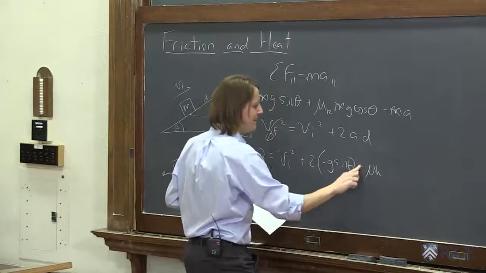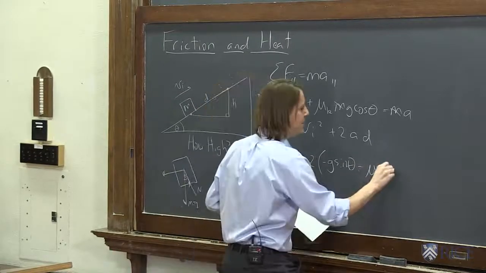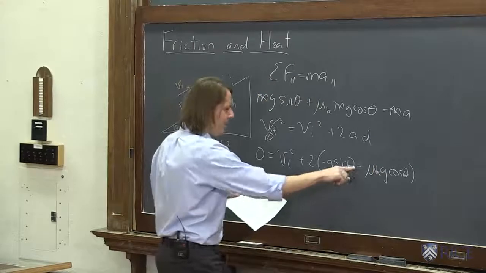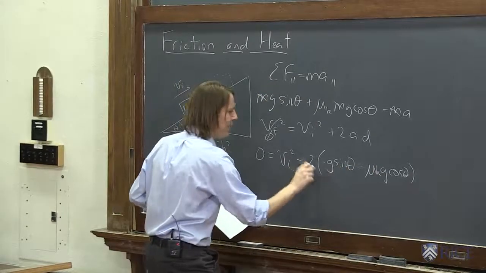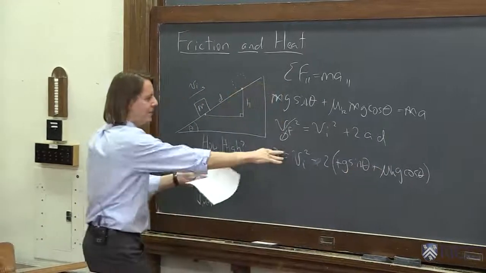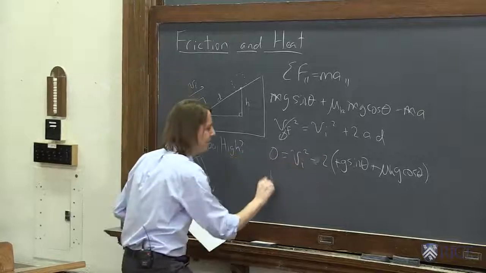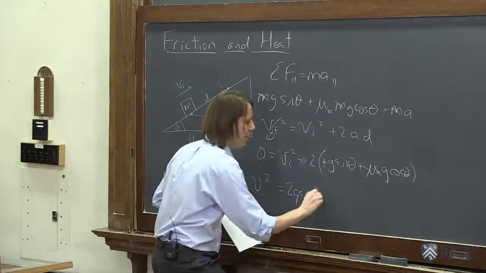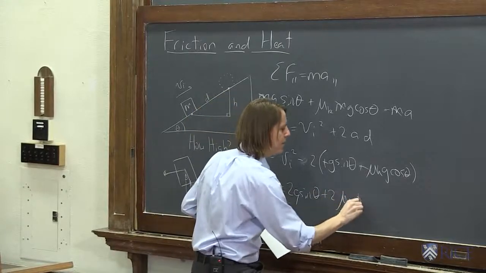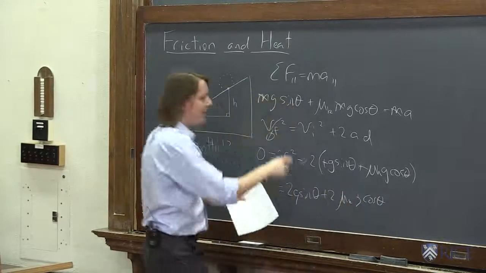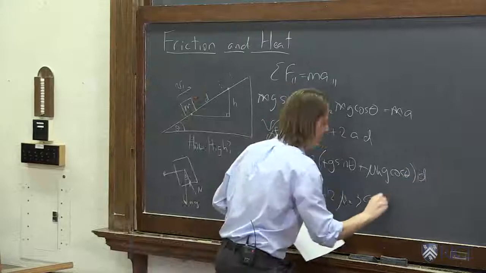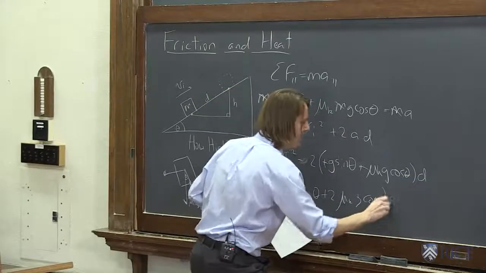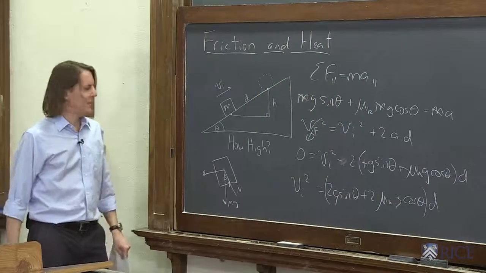The minus is on the outside, and then these two minuses make that a minus and these become pluses. So we end up with vi squared equals 2 g sine theta plus 2 mu k g cosine theta. I forgot the d. Plus there's a d there. Now we have to deal with the d.